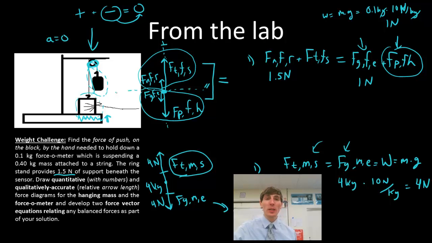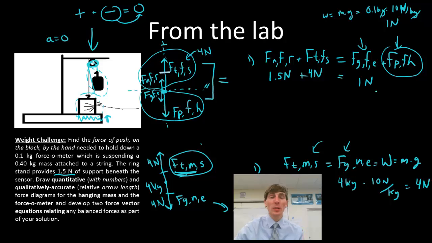So assuming this string is massless, we're going to assume that the tension is felt the same throughout the entire string or chain or whatever. So that means that this 4 newtons here for the tension felt on a hanging mass is the same as the tension felt here. So this is 4 newtons. So I can go ahead and plug this in. 4 newtons. Now that I have 3 of the 4 values, I can solve.